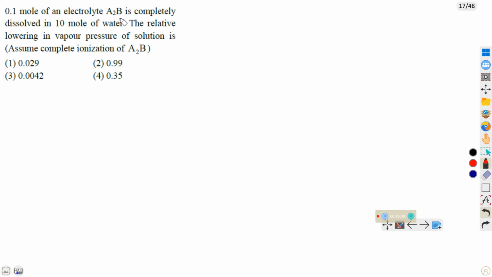0.1 mole of an electrolyte A2B is completely dissolved. A2B completely dissolves to give 2A plus and B2 minus. We want the van't Hoff factor value, the total number of ions: 2 cations, 1 anion. The van't Hoff factor value, i is equal to 3.